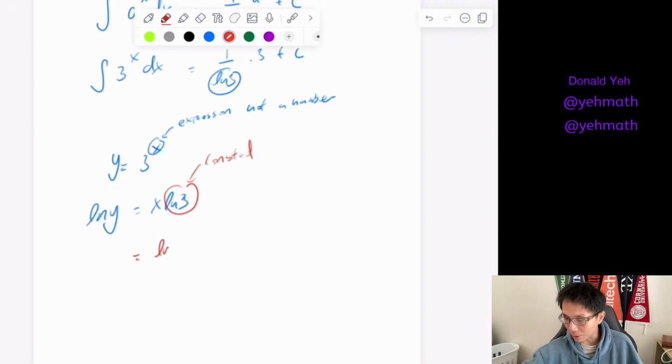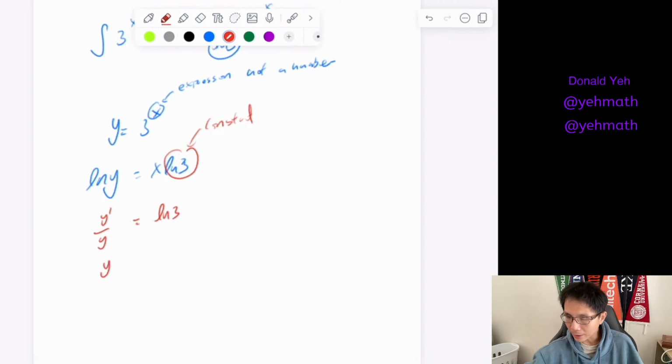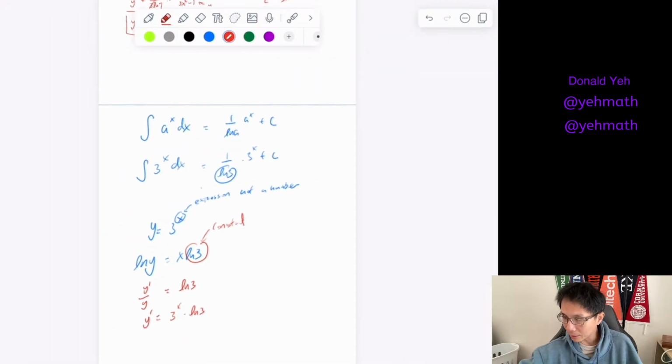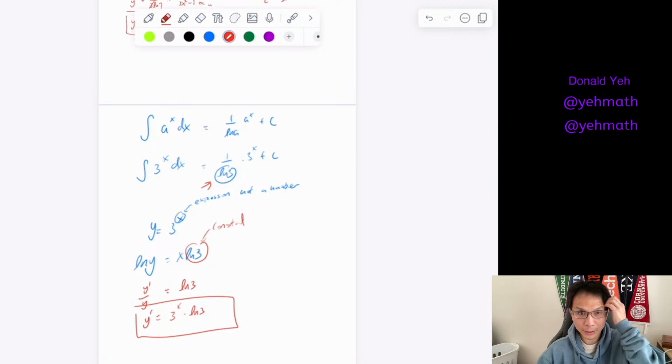So it's going to be natural log of 3, and there's a y prime over y. And so y prime equals 3 to the x times ln of 3. And that's why if you do integration, this natural log of 3 is on the bottom, because you want them to cancel. So this is one of the things that you need to know.